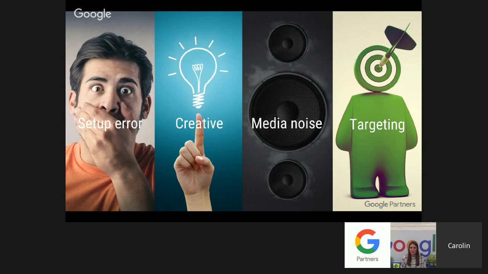Oftentimes we see advertisers choosing very generic keywords that are not necessarily directly related to the brand or the ad they were showing. So what happens in those cases is that if the keywords are generic and not directly related, we don't see a direct uplift because people were not motivated to search specifically those keywords on search. So you won't see an uplift, but this is caused because those 2 things are not correlated.